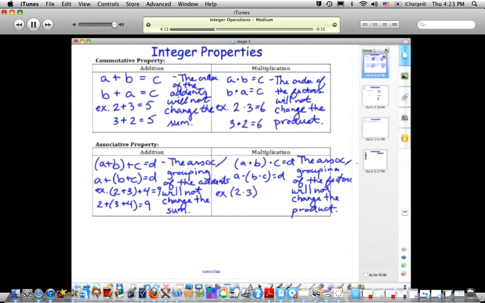An example is 2 times 3 times 4 is equal to 2 times 3 is 6, times 4 is 24. And then of course 2 times 3 times 4, 3 times 4 being 12 times 2 equals 24.